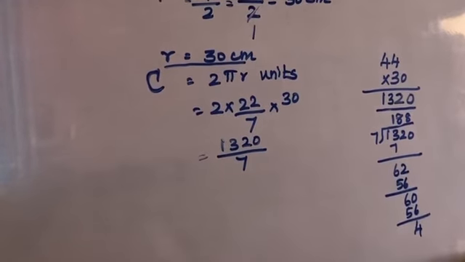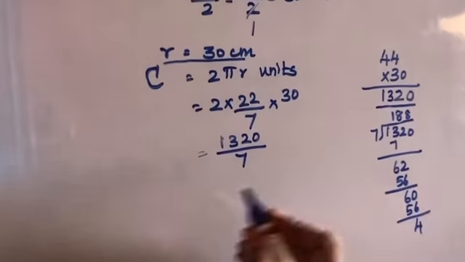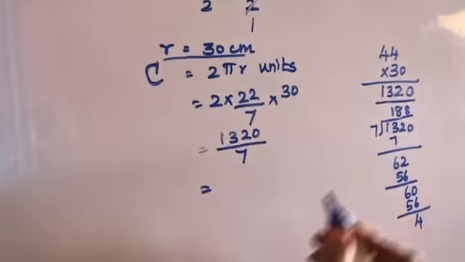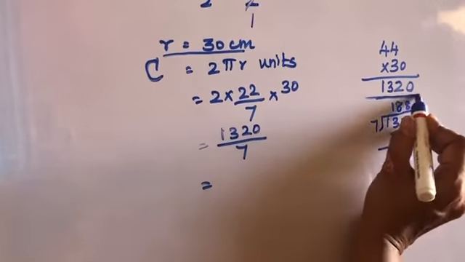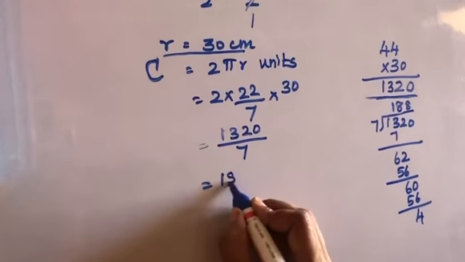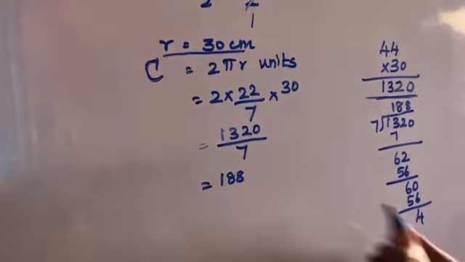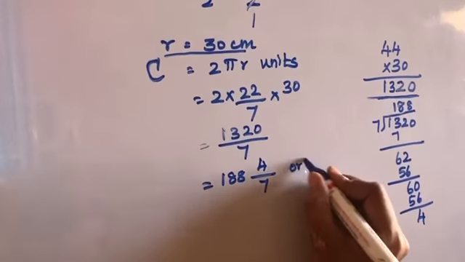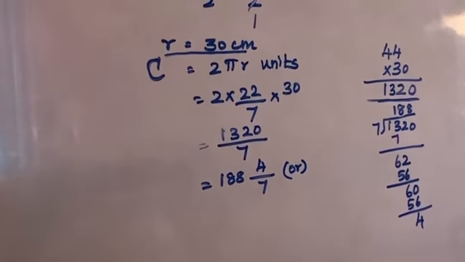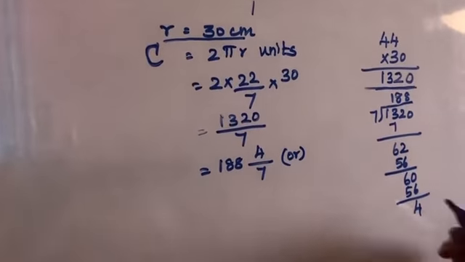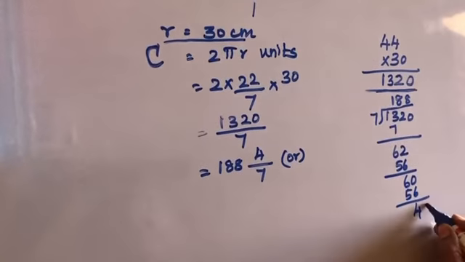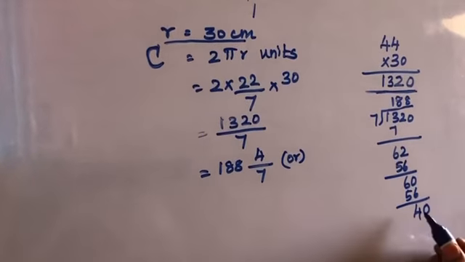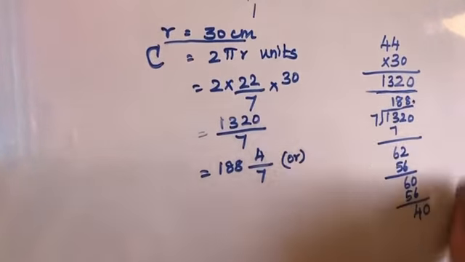You can write it as a quotient with a mixed fraction. So 188 is the quotient and 4 divided by 7, or shall we write it with decimals? We'll try that too. So 40 now, remaining 4. Here I can add one 0 and keep a point here.